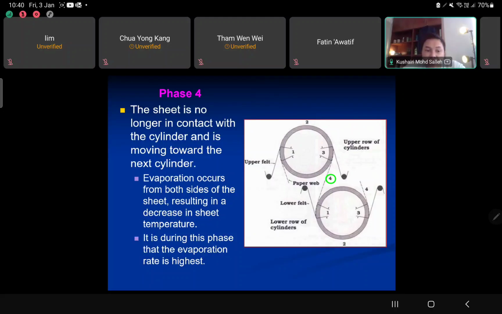Even though the temperature is reduced, evaporation occurs from both sides of the sheet, so more evaporation happens. Since evaporation releases heat, and at the same time there is no heating mechanism in the fourth phase, the temperature is decreased. So it is during this phase that the evaporation rate is highest.